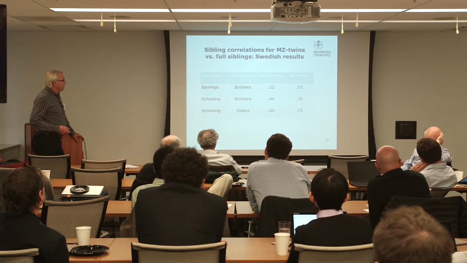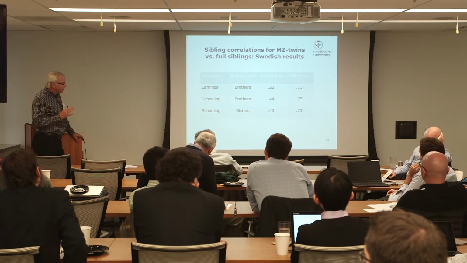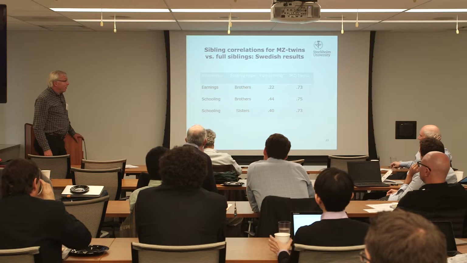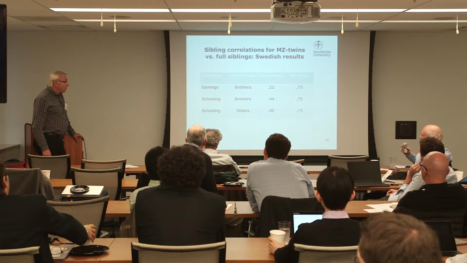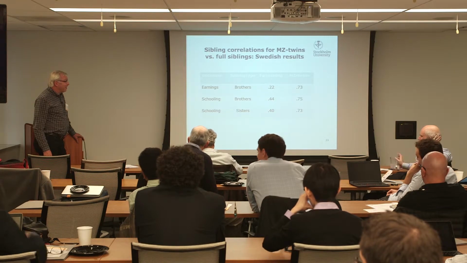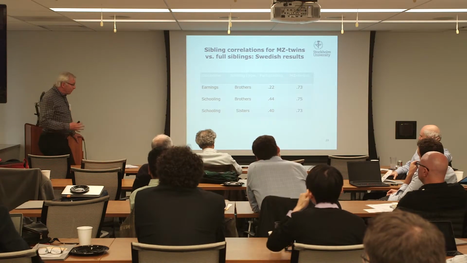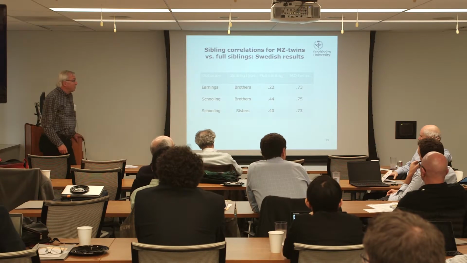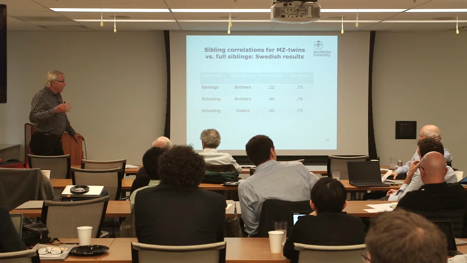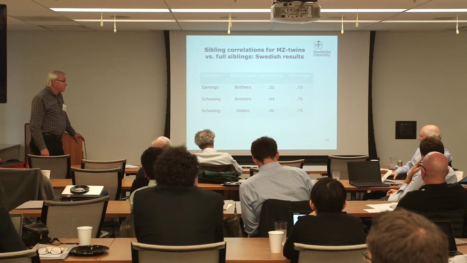I have also here some estimates of correlations for MZ twins that might be upper bounds, but actually they are really high. And I think it would be surprising to me if a significant part of the difference between full siblings and MZ twins cannot be accounted for by genetics.